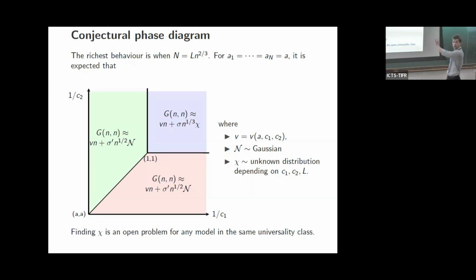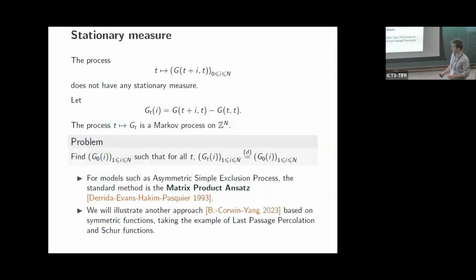So we cannot solve this problem yet. But when we have an exactly solvable model, often the first step in order to understand the model and to have probabilistic results is to understand its stationary measure. So this is what I will talk about, and the problem of stationary measures is now solved.